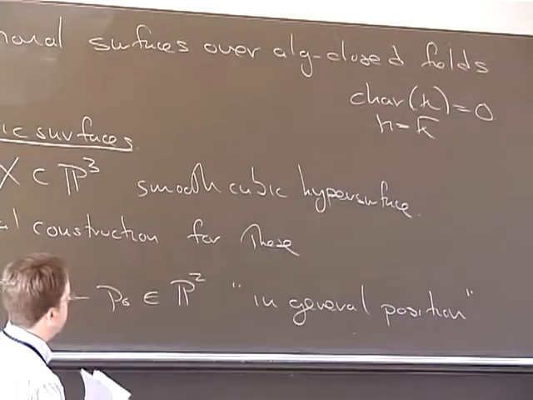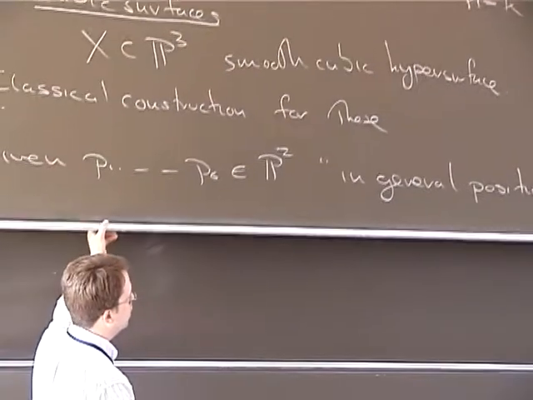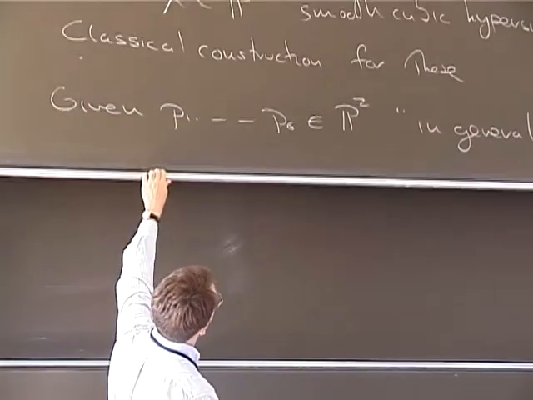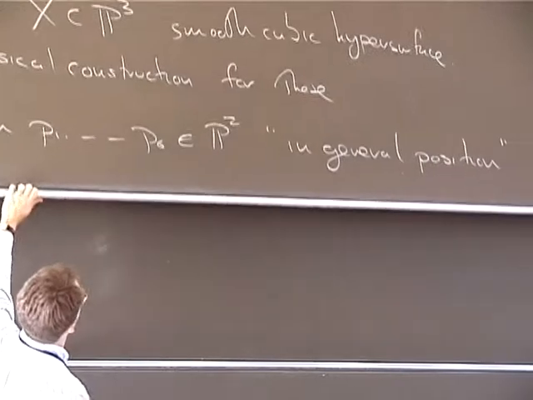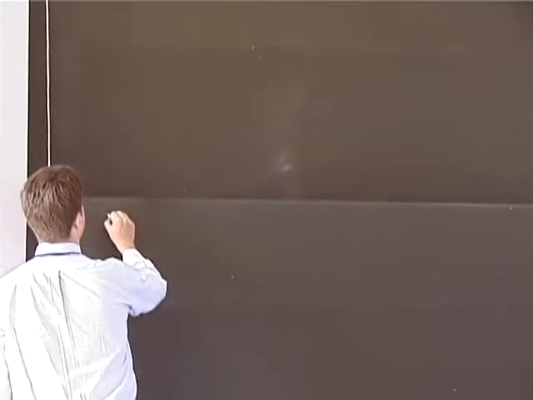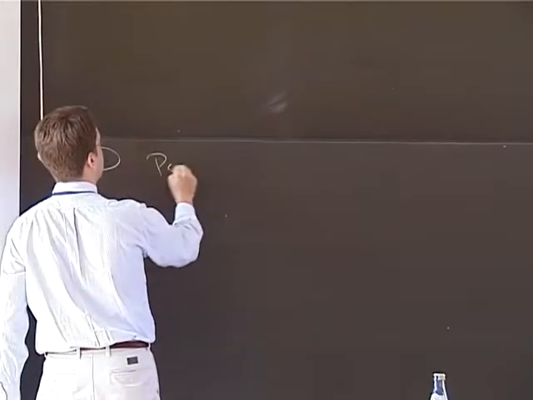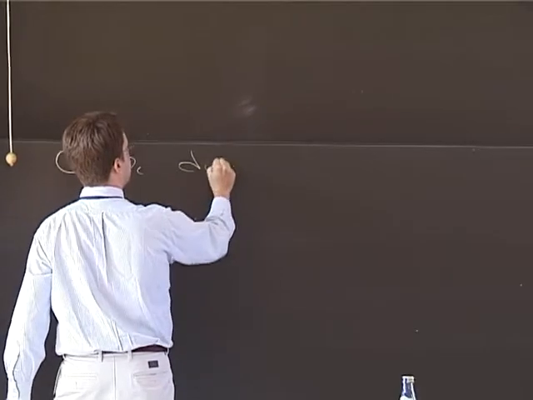Let me explain what I mean by that. So let's see, how do the combinatorics of this work? I guess if I send this, I may not get that back. All right. So this means that the Pi are distinct.